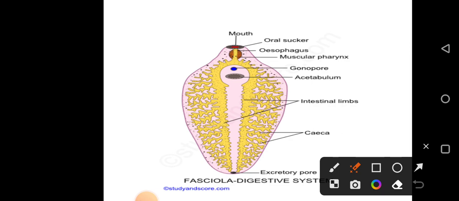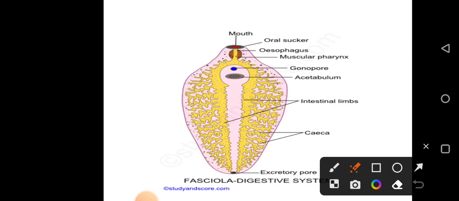So Fasciola lacks a circulatory system. The ramification of the digestive canal helps in distributing nutrients to different parts of the body. Digestion is mostly extracellular. Intracellular digestion also occurs and undigested waste is egested through the mouth.